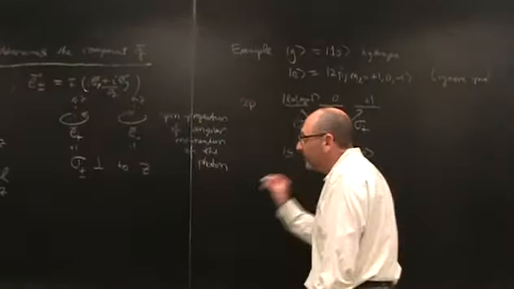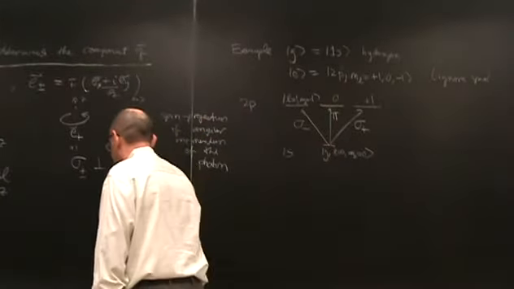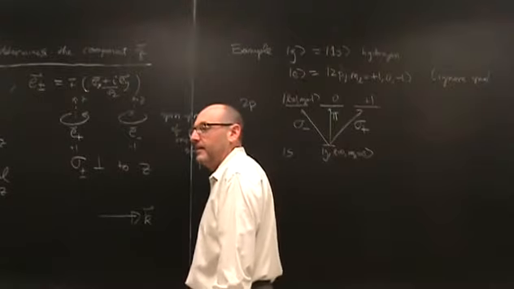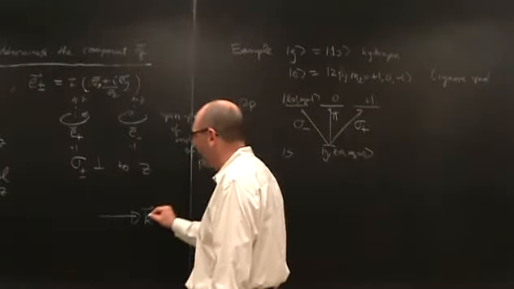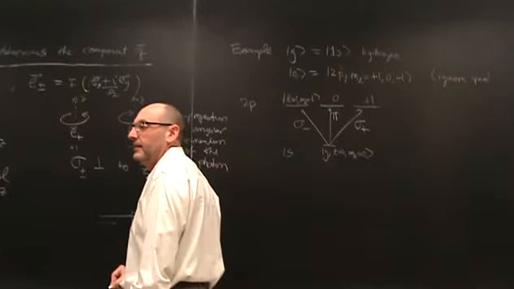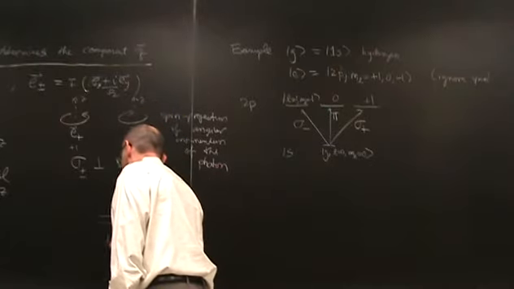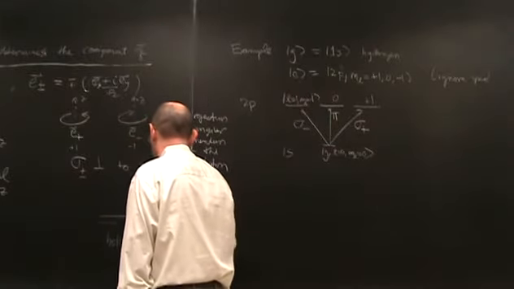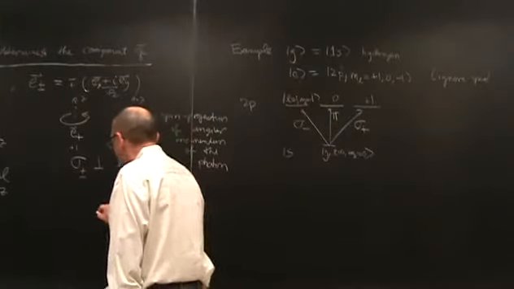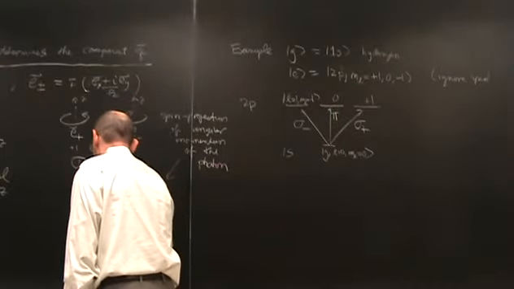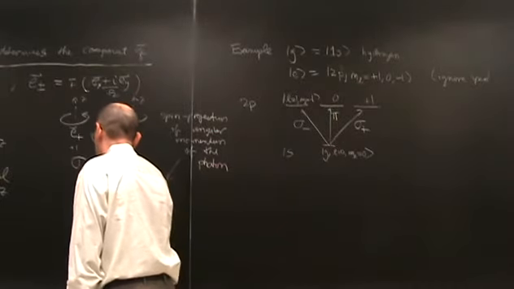Now, of course, the helicity of the photon is relative to its direction of propagation. So if I have k here, the helicity of the photon represents the amount of angular momentum it has along k. That's what we call the helicity. It is the spin projection along k, and that can be +1 or -1.